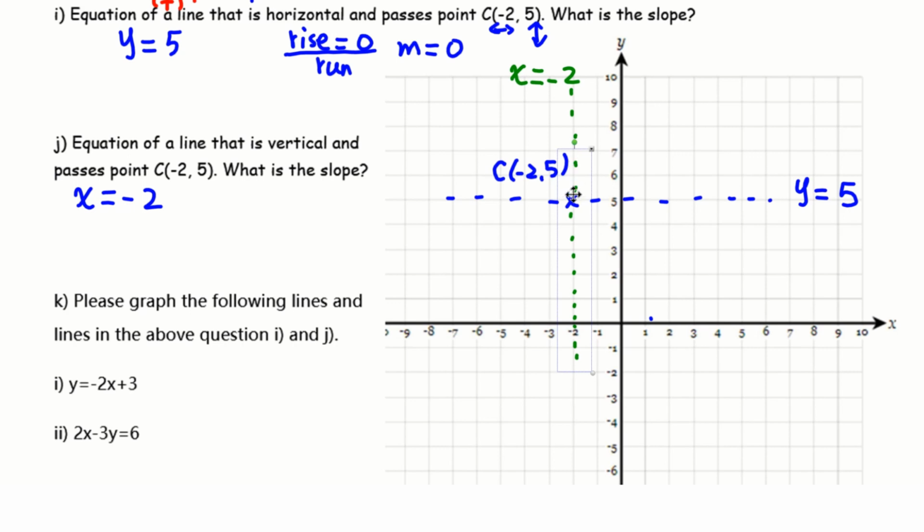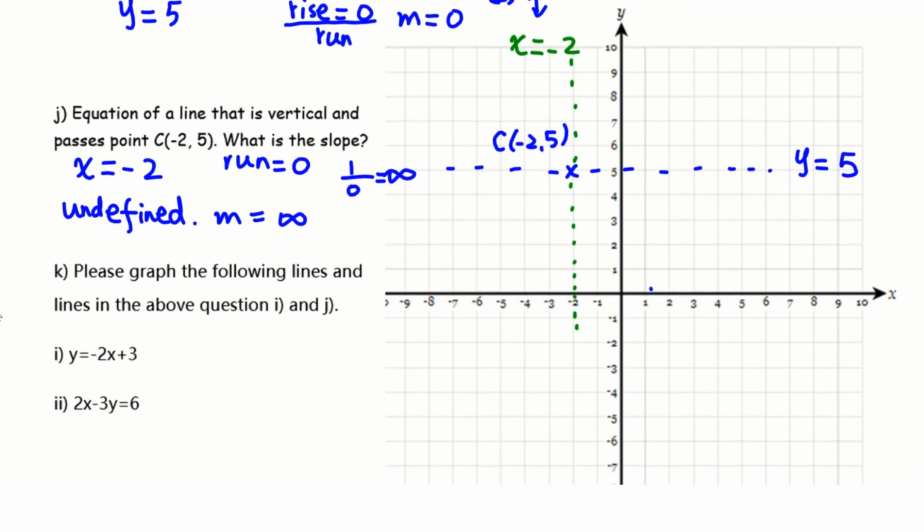On this line you will see the run is 0. There's no left or right, so run is 0. And something divided by 0 will give you infinity. And what we call it is undefined. The slope is undefined. Actually, the slope is infinity.